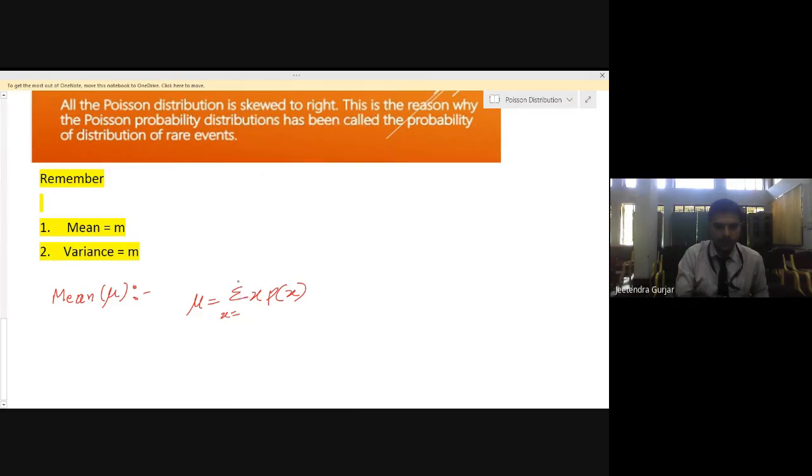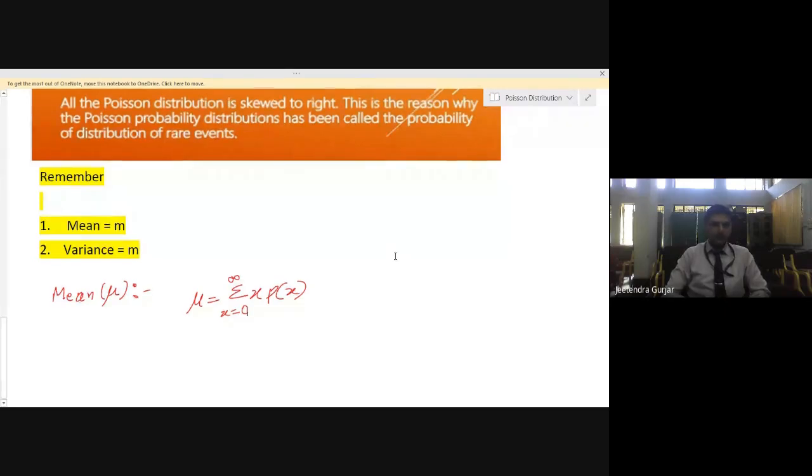Please remember this. So this is our mean. For all distributions, we come across this mean, that is our expectation. X is nothing but the random variable, p of x is nothing but the probability.